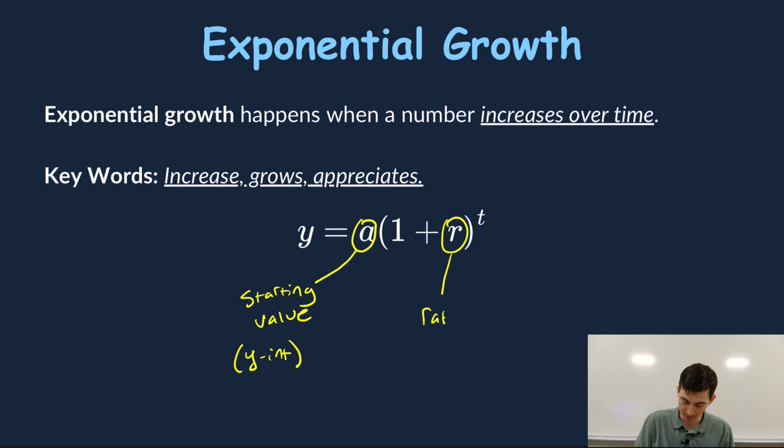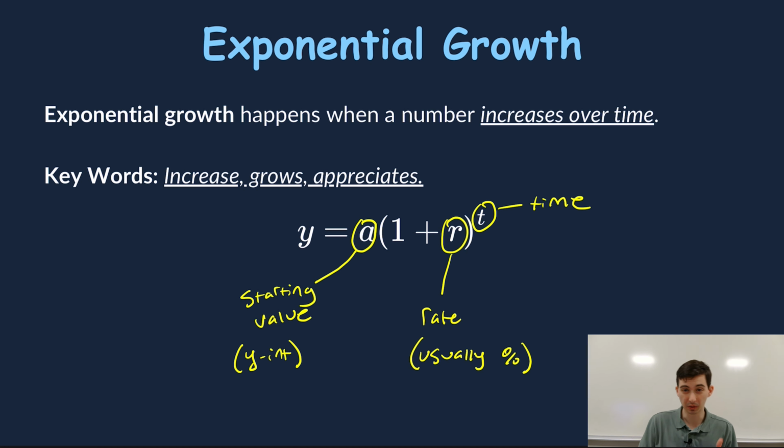So it's going to be rate, and usually the rate is going to be some sort of percentage because we're going to be increasing a percentage over time. And then t is going to be our time, which is also kind of our x value, our independent variable that we're going to be raising to as the exponent.